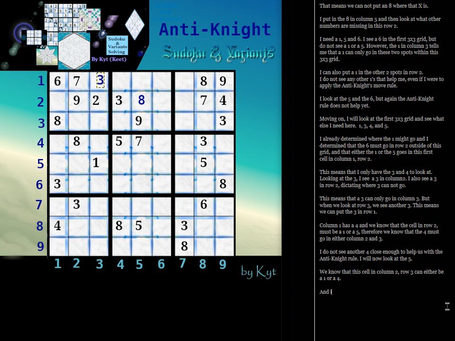And in column 3, row 3, that cell can either be a 4 or a 5.